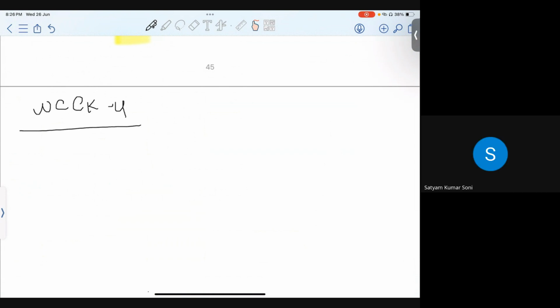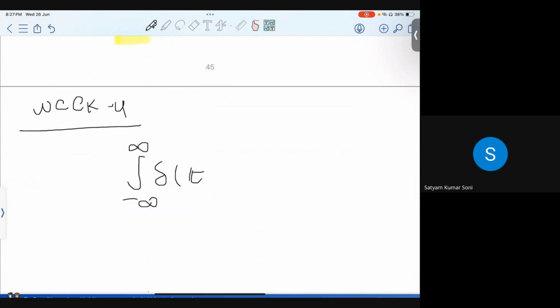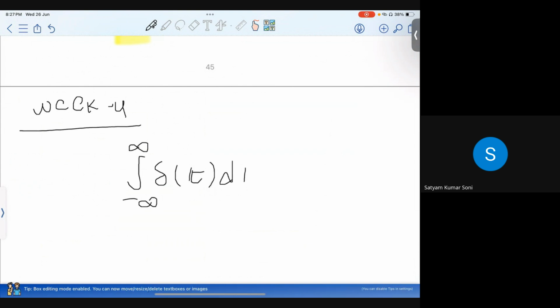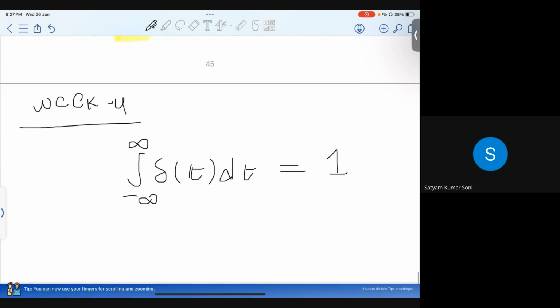So, delta signals. Delta signals are very nice signals to work with. They are very easy. The only thing you have to remember for delta signals is the area of a delta signal. If you evaluate at any particular time, the area of the delta signal is always 1. And how do you represent such signals?